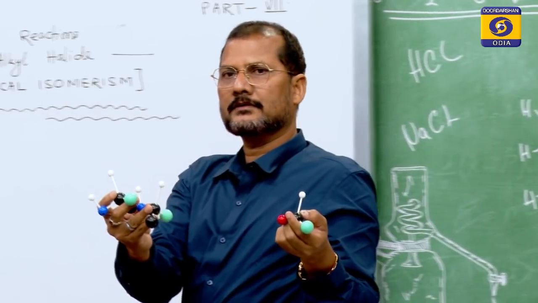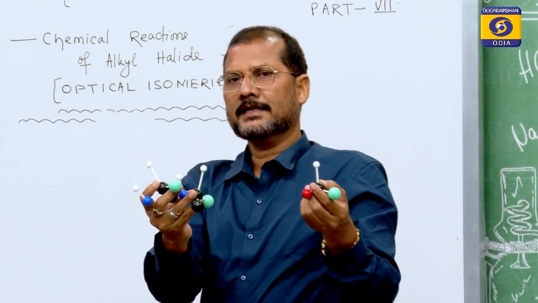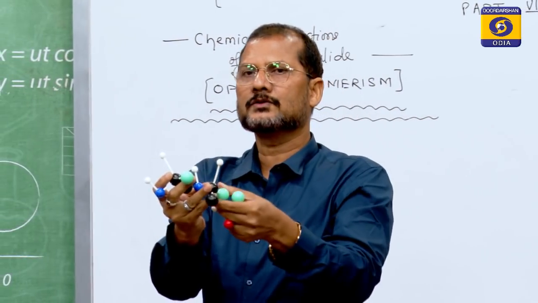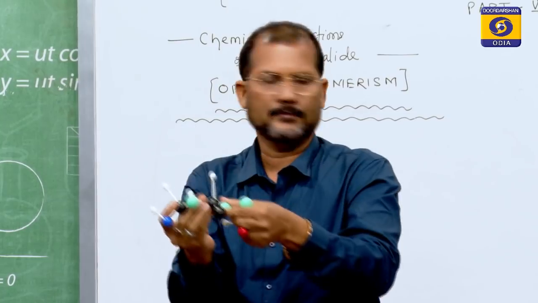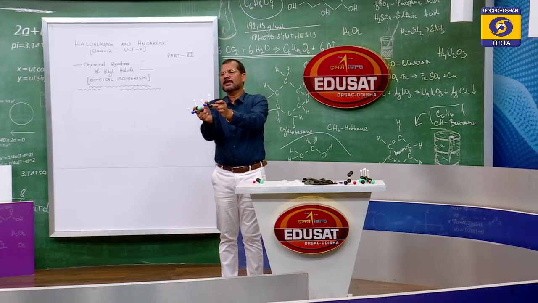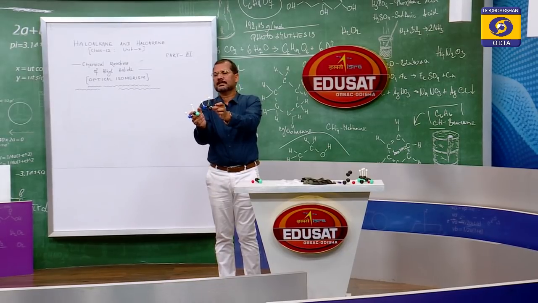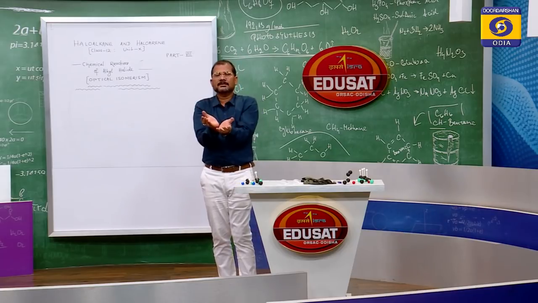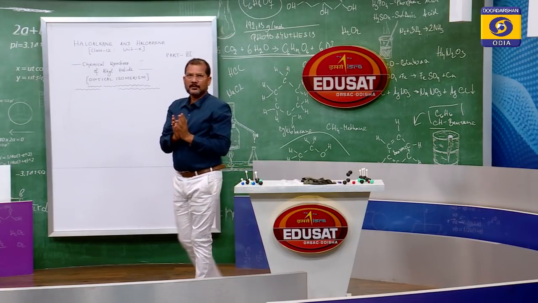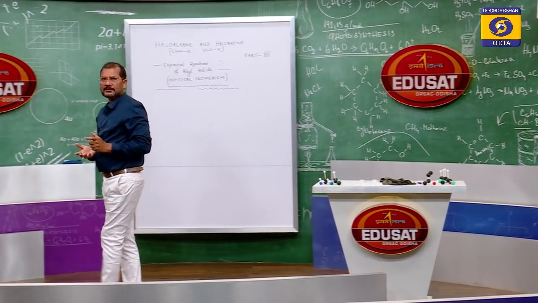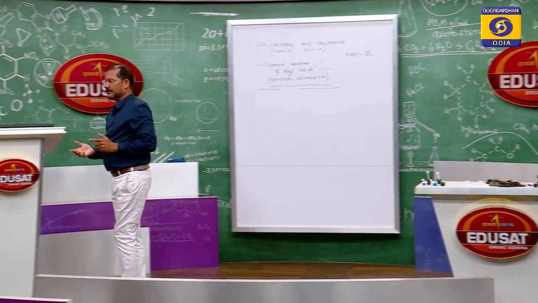You can see the reactant has produced some intermediate and the intermediate has produced two different compounds. If one is dextro, the other is levo, 50% dextro, 50% levo. The vessel contains 50% dextro isomer and 50% levo isomer, and the total rotation will be 0, and that is called a racemic mixture, and the reaction is called racemization.